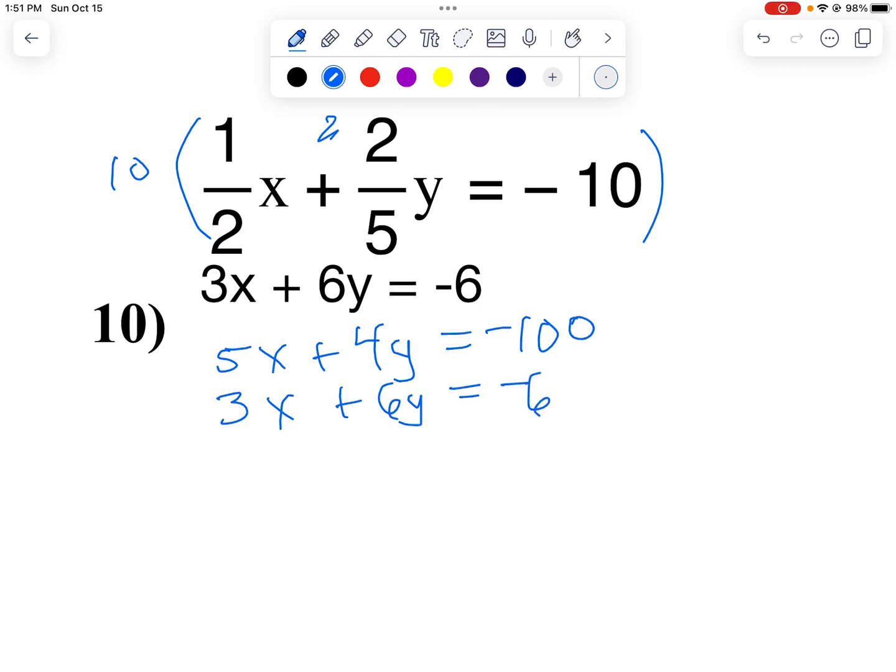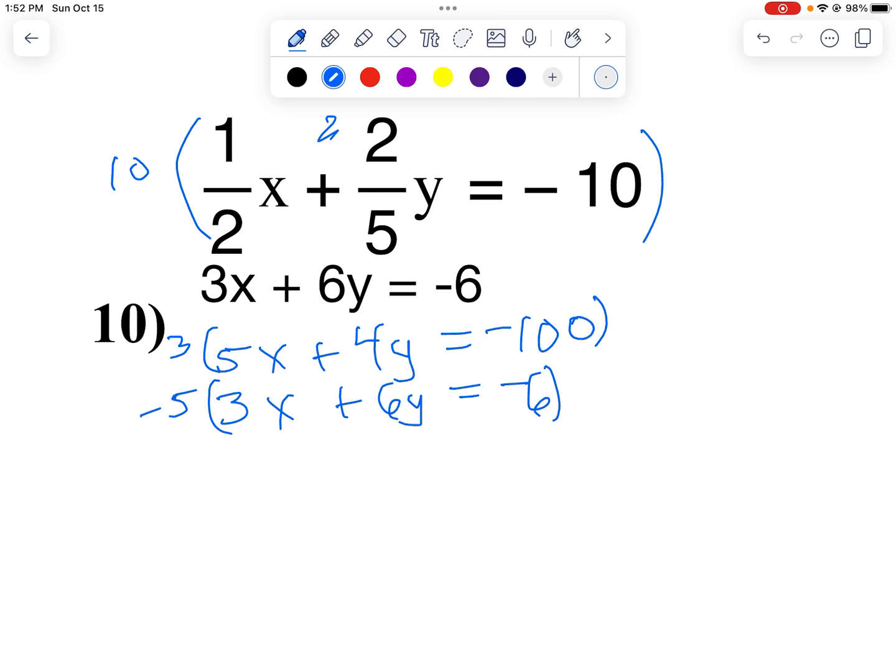Neither one of these are easy to cancel. I'm going to look at 5 and 3. And what I'm going to do is I'm going to multiply the first equation by 3, because that'll be 15x. The second equation will multiply by -5, so I'll get -15x.